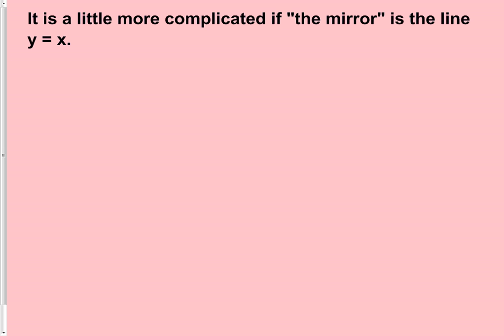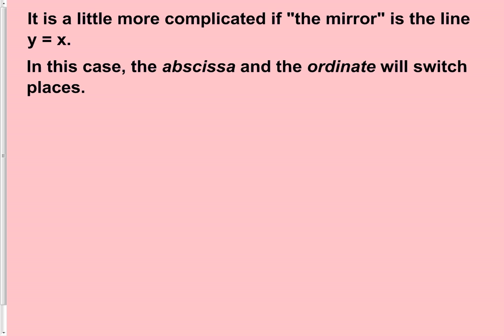One of the favorite choices that test writers love to ask you about is the line y equals x. Okay, so let's take a look. What happens if the mirror is y equals x? In this case, the abscissa, which is the x value, and the ordinate, which is the y value, are going to switch places.